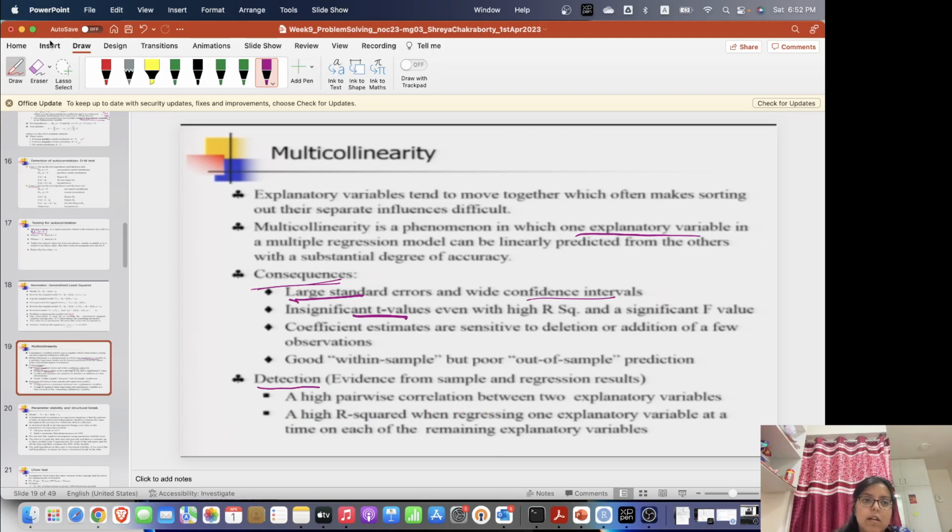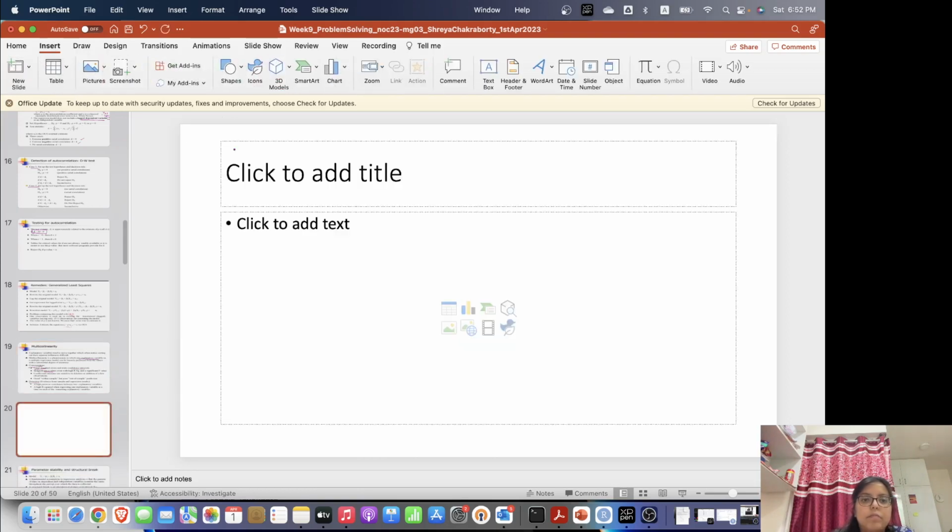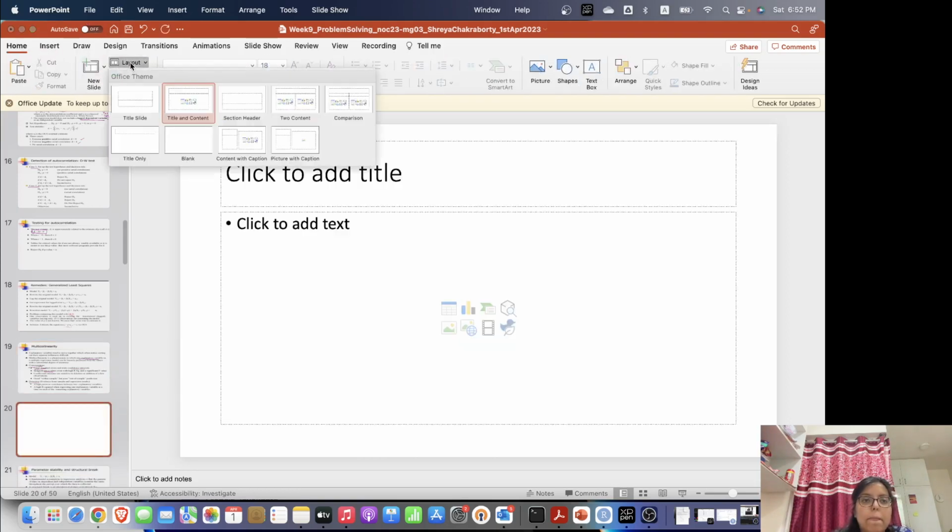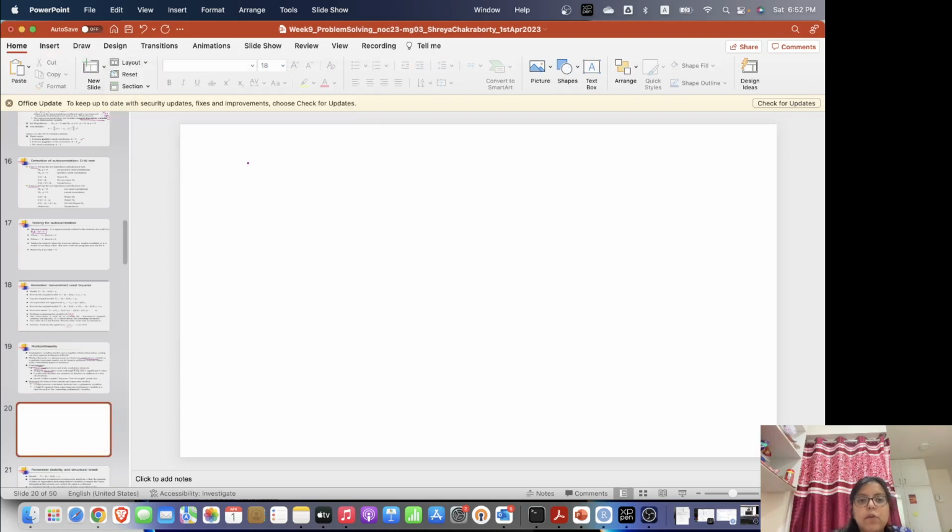This I'm going to explain a little bit more. I don't know if this concept has been discussed or not. Suppose these are my explanatory variables, x1: 1, 2, 3, 4, and x2: 4, 5, 5.5, and 6.7, something like this.